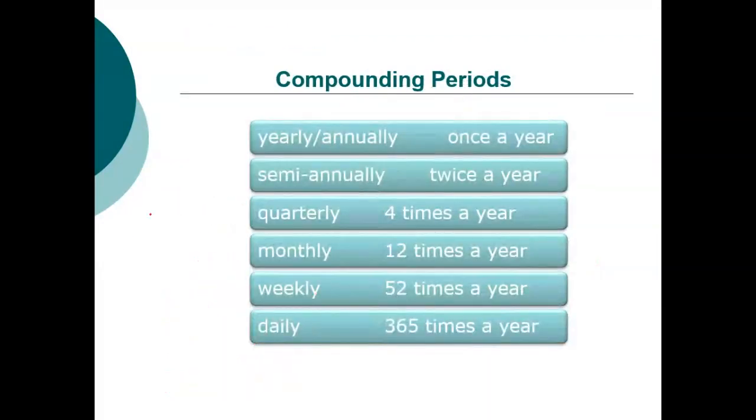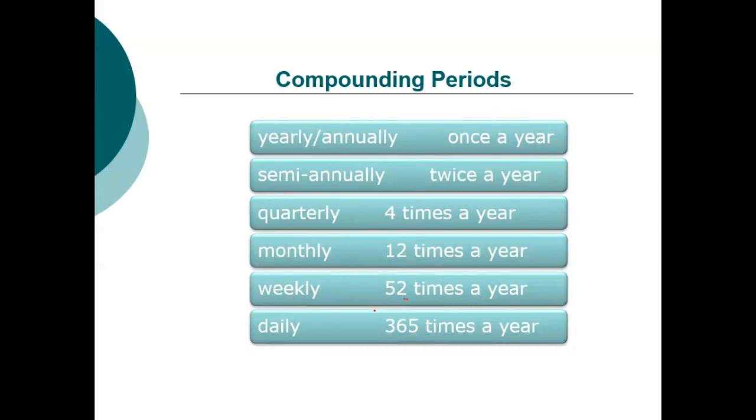So compounding periods. I did talk about this a little bit in the last lesson. Yearly or annually is 1 time a year. Semi-annually is 2 times a year, or twice a year. Quarterly is 4 times a year, makes sense, right? Quarter, 4. Monthly, 12 times a year, because there are 12 months in a year. Weekly, there are 52 weeks in a year, so it's 52 times a year.